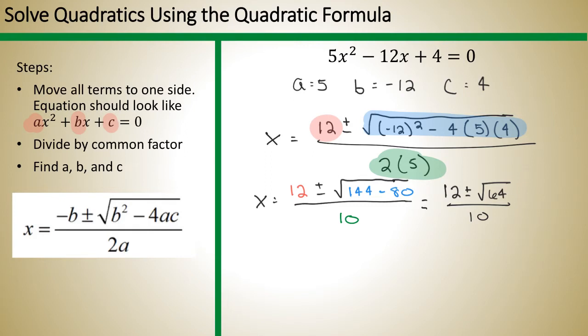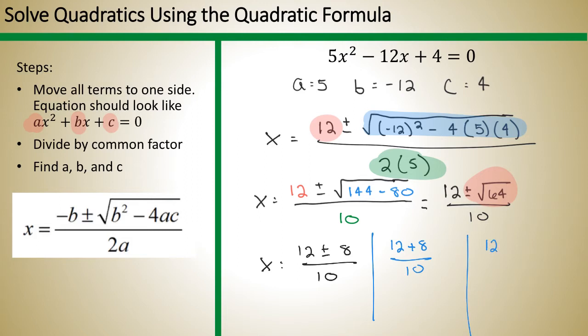I can take the square root of 64. So the square root of 64 is going to be 8. So that's going to give me x is equal to 12 plus or minus 8 over 10. So now from here, I have 2 different equations. I either have 12 plus 8 over 10, or I have 12 minus 8 over 10.